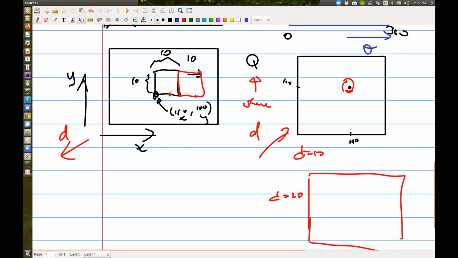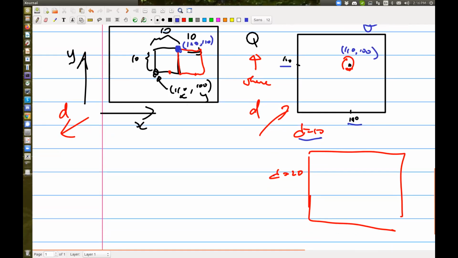Let's say I start with this point here, at 120 and 100. As I mentioned earlier, the square that includes this point with width and height of 10 will have the corner parameters 110 and 100, right?